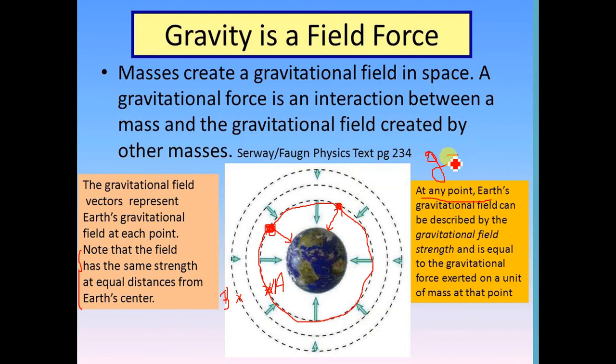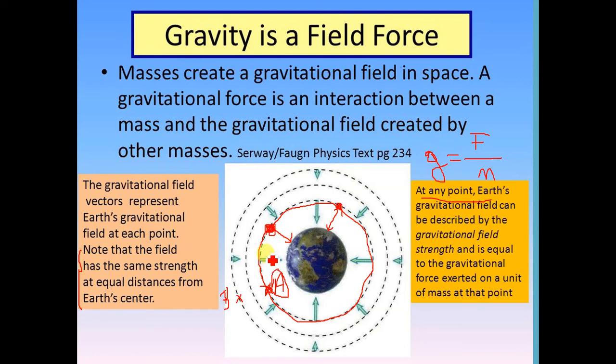Let's say, for example, that my object or my satellite is here at point A. I want to find the gravitational field strength at this point exactly. The gravitational field strength here is equal to the total force exerted on the satellite by the Earth divided by the mass of the satellite.